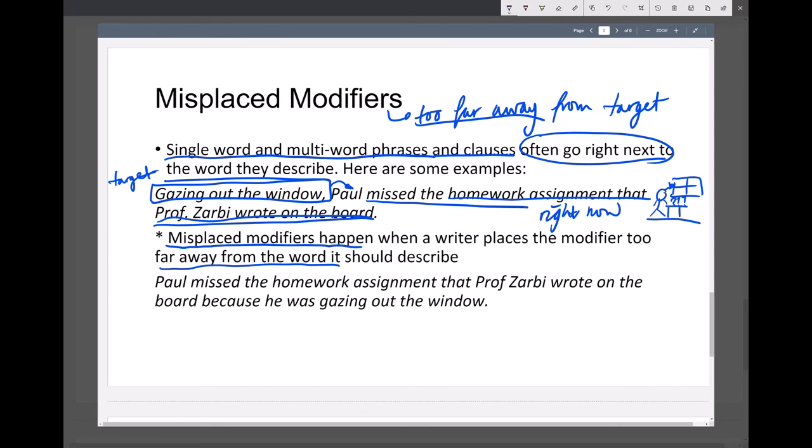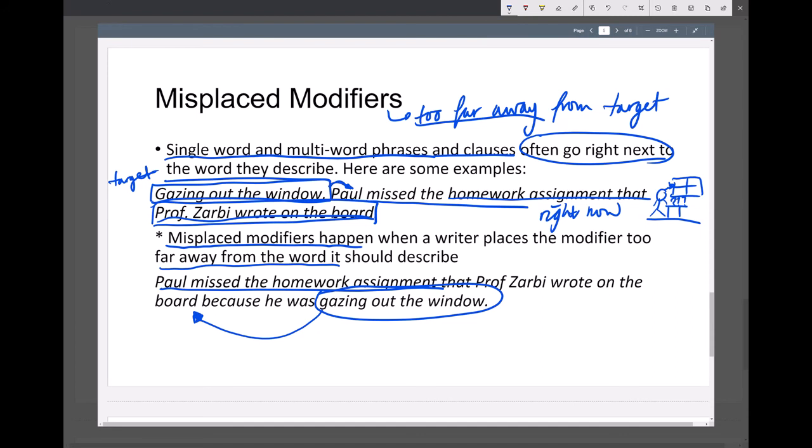And what we're really talking about is when the professor wrote it on the board, probably, let's say, a week ago or something, and he had a week to finish this assignment, but he missed this homework assignment. So here, gazing out the window, the modifier, needs to go with the time where the professor was writing on the board.